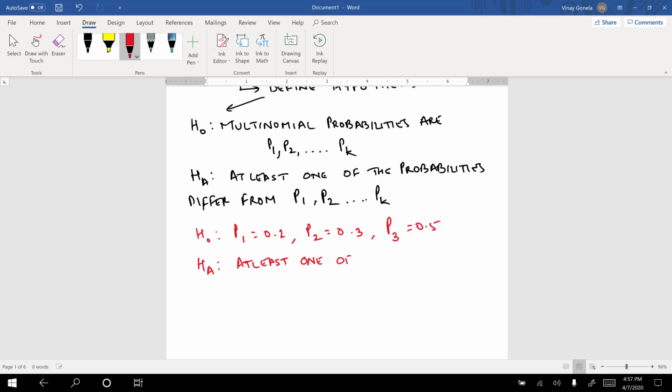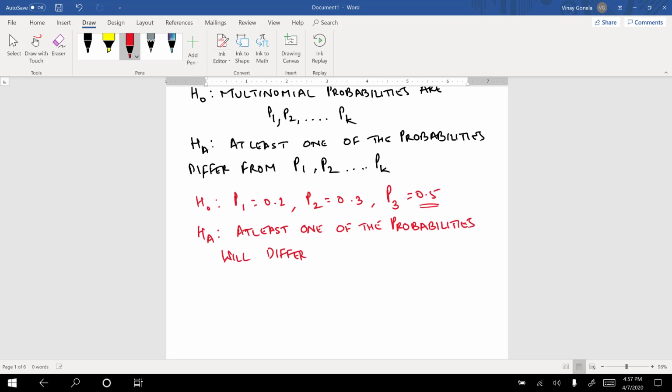So if probability 3 is other than 0.5, that means our null hypothesis is not true.